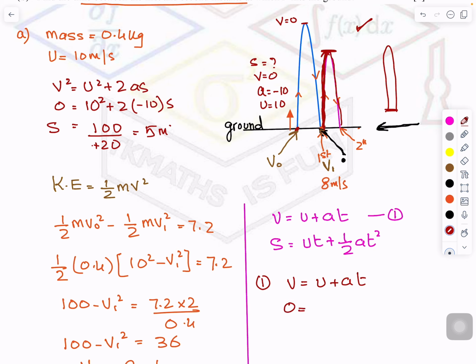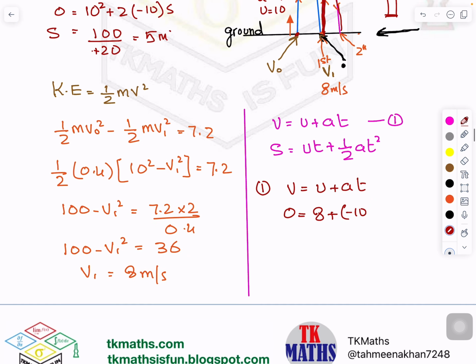So this is what I'm going to do. So this is the time it will take to go up. The same time it will take to go down. So total time from first hit to second hit will be 2 times 0.8, which is 1.6 seconds.